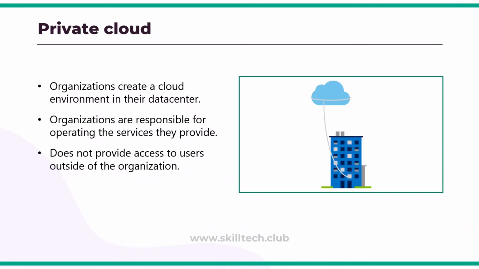In this case, organizations are responsible for operating the services which they provide. And they do not provide access to these services to any person outside the organization. As the name suggests, it's private. Outsiders who are not employees or clients of the organization cannot use any piece of these private cloud services.